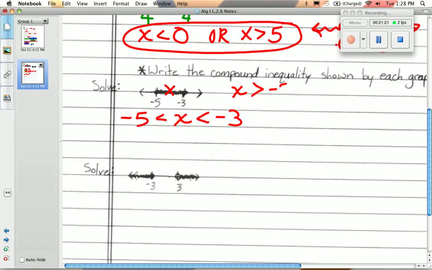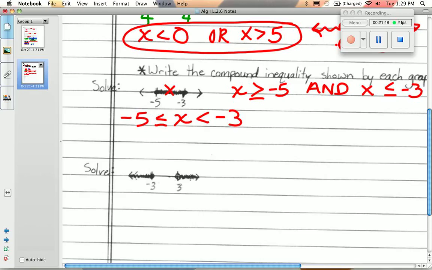Is it shaded in at the endpoint? Yeah. So what should we include? We say greater than, the equal to bar? Okay, so this one says x has to be greater than -5 and x has to be less than or equal to -3. Does this mean the same thing as this?